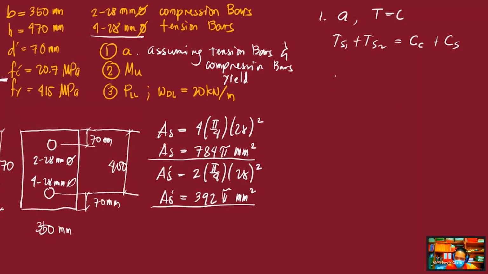TS1 is AS1 multiplied by Fy. We use Fy because we assume the tension bars and compression bars yielded.